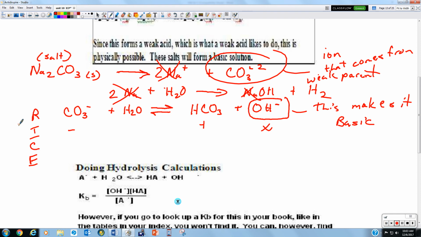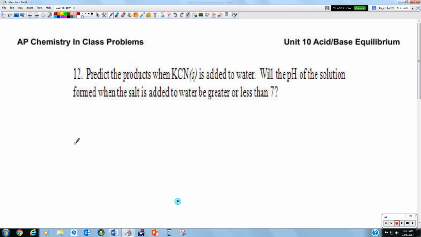So you're always looking for which one forms the weak acid or weak base. And that's the one that you're going to write your reaction from. So let's look at this in context. Those slides that I included, you can read those on your own. It'll expand further. But for time's sake, let's just go ahead and look at some problems.